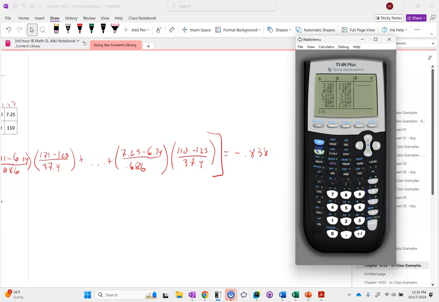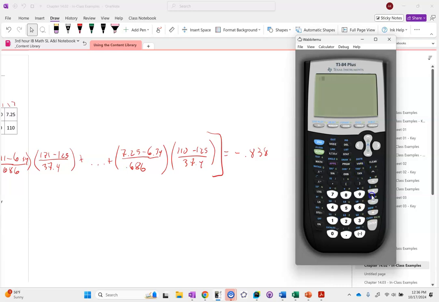In this one, we're going to do list A times list B. Second list A times second list B. Enter. And then I'm going to sum up everything in this list and multiply it by 1 over n. So I'll do vars, stat, calc, one variable stat on list C. And I want that sigma x number there.